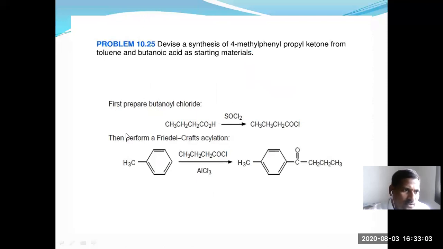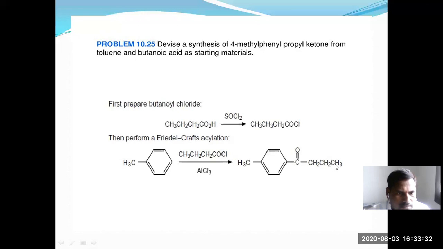So this is one problem: synthesis of 4-methyl phenyl propyl ketone. This is a methyl group at the fourth position on the phenyl.